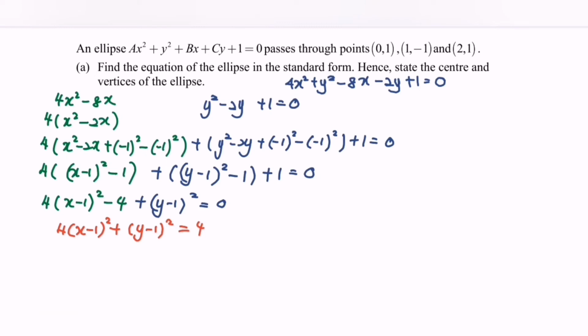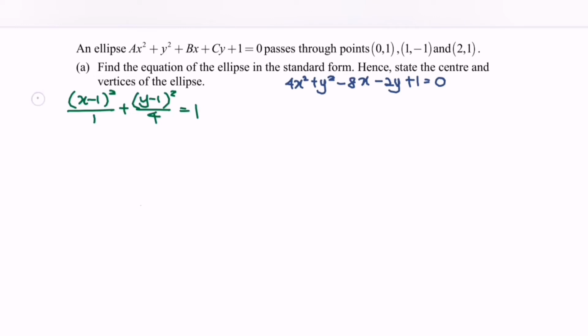So kindly divide all the terms by 4 so that we can have the standard form. So finally, we have (x minus 1) squared over 1 plus (y minus 1) squared over 4 equals to 1. That is the standard equation of an ellipse. So next, first step, we have the standard form.